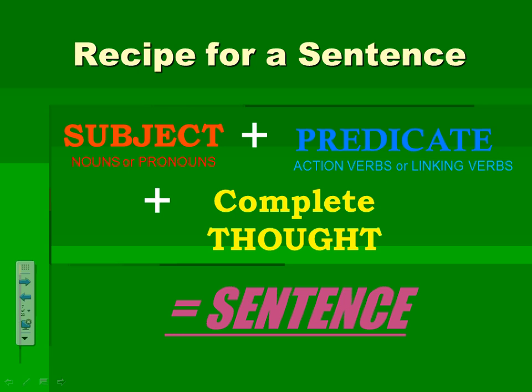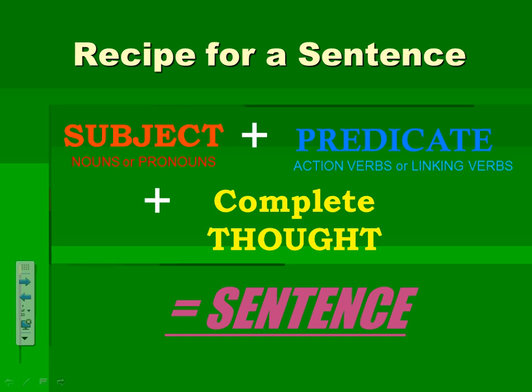Your predicate, on the other hand, these are going to include verbs and words that relate to your verbs. And there are 2 main types of verbs. Most of us don't have any difficulty identifying action verbs because it's self-defining. What's an action? Dancing, laughing, running, biting, crying, fighting. All of those are actions, and they're very easy to recognize as verbs.